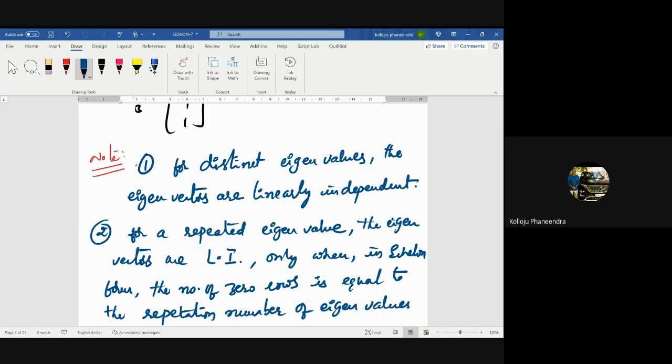This is important. Otherwise, the eigenvectors are linearly dependent.